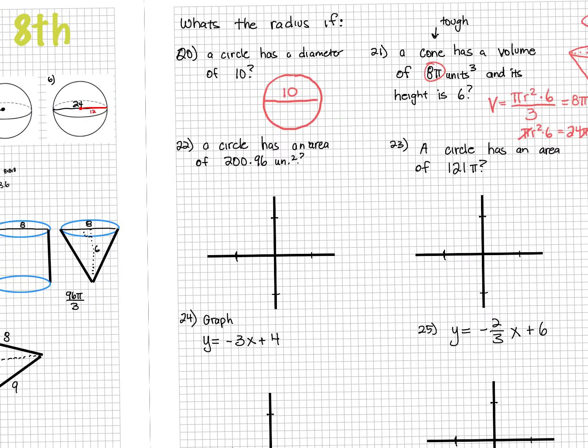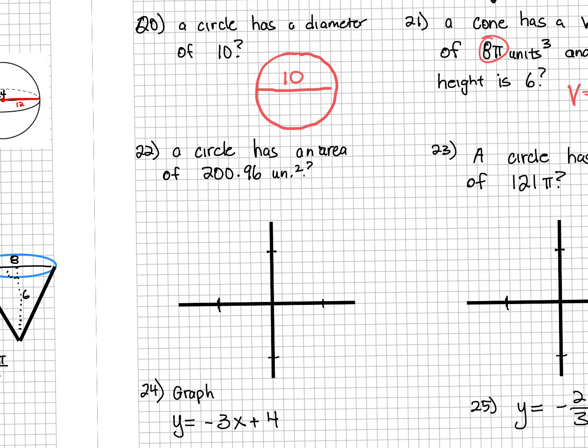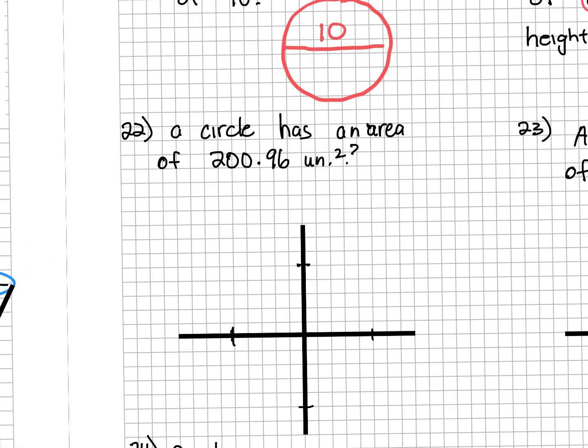All right, let's see. A circle has an area of 200.96 units squared. So the area equals pi r squared, right? So now they're saying the area is 200.96, and that equals pi times our radius squared.